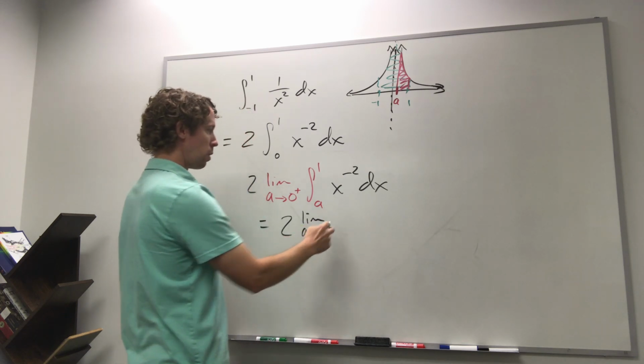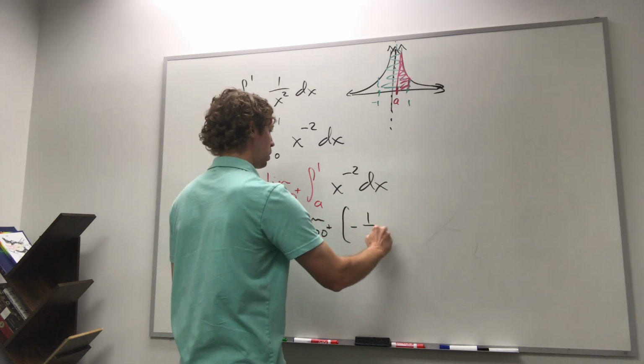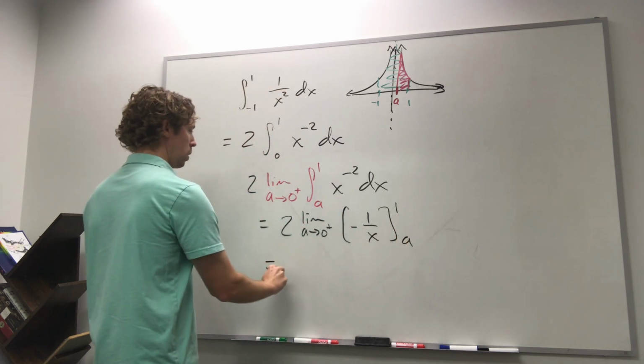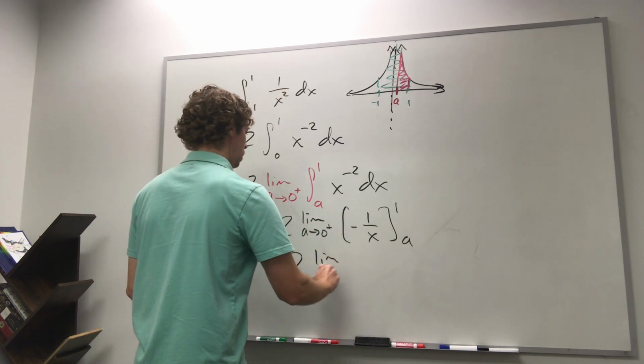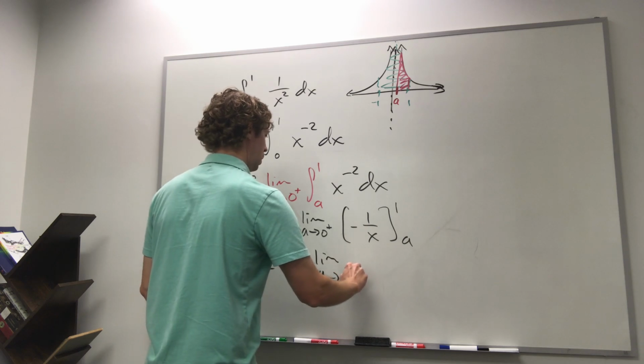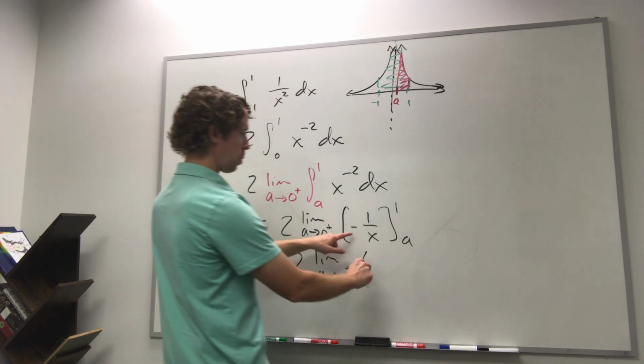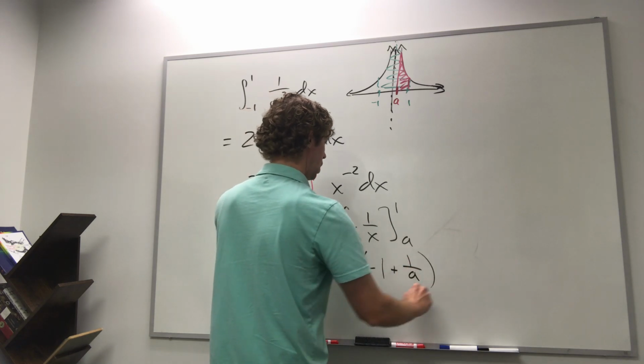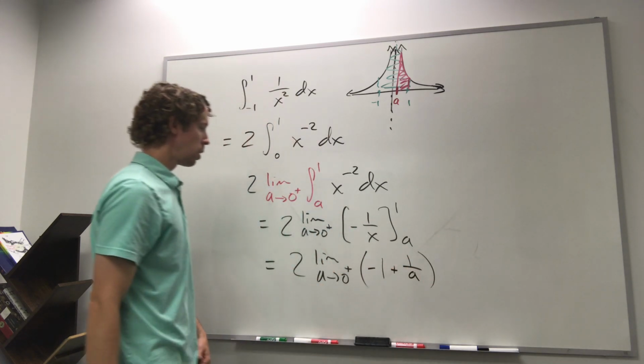So the antiderivative again is negative 1 over x. What I get when I plug in my bounds is negative 1 plus 1 over a, minus a negative there.